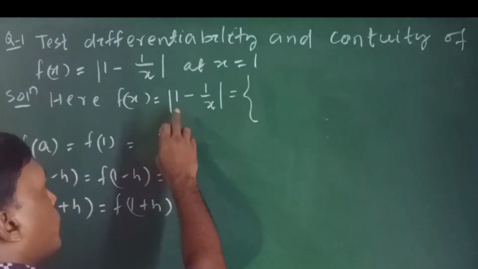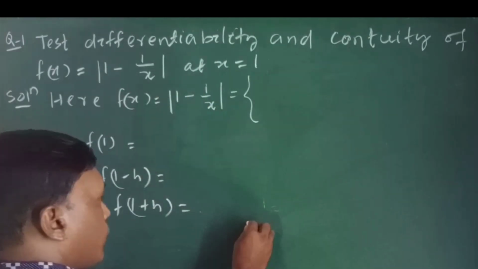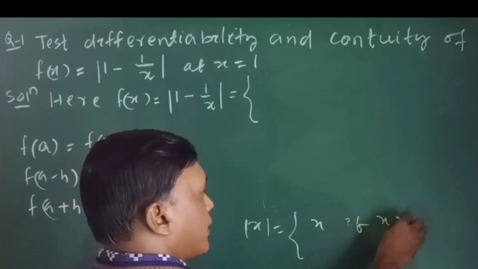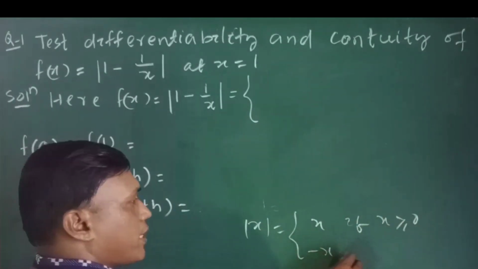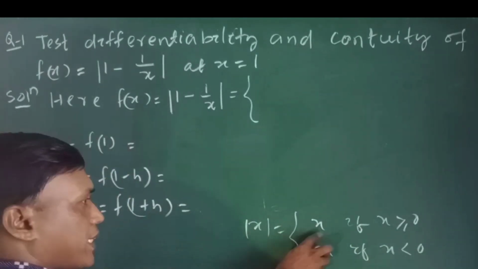f of x is equal to modulus of 1 minus 1 by x. So इसका वैल्यू कैसे निकालेंगे? Look at here, mod x is x if x greater than equal to 0, minus x if x less than 0. So mod x is x if x greater than 0.